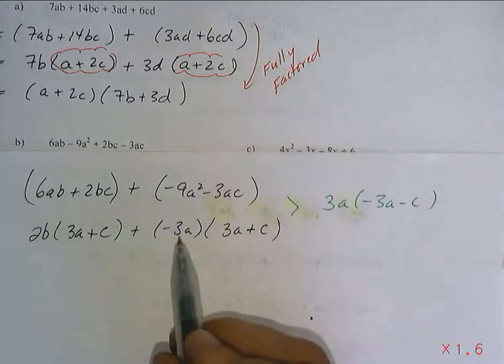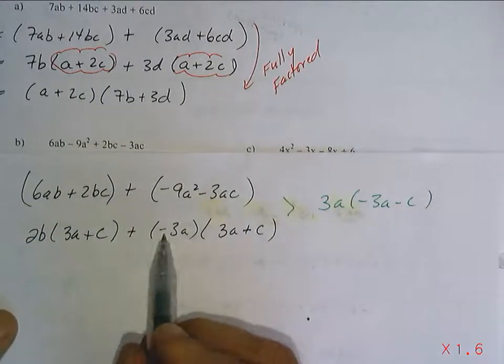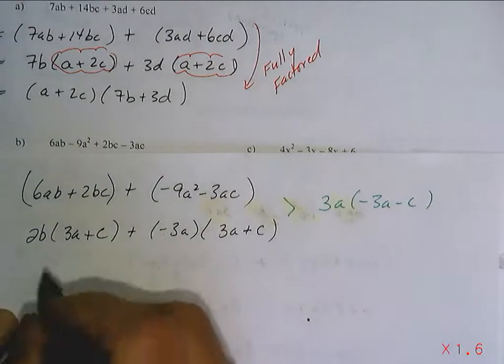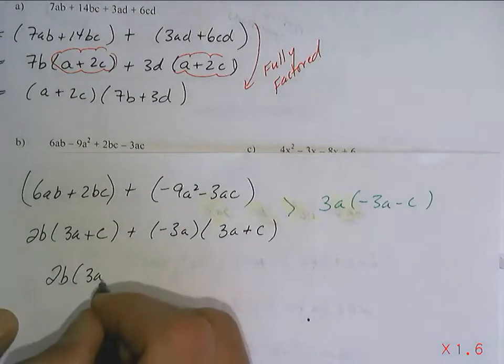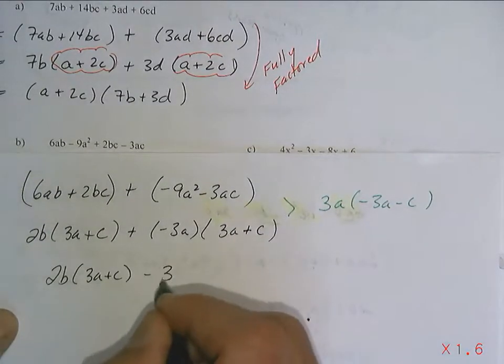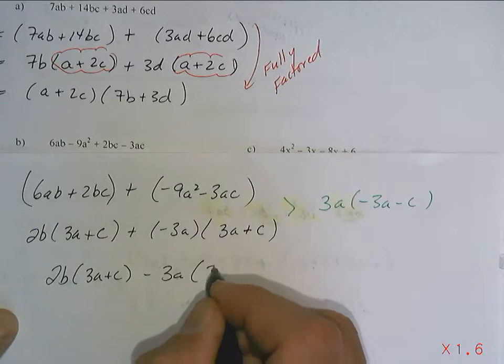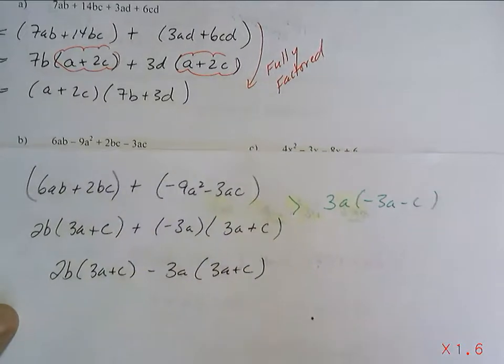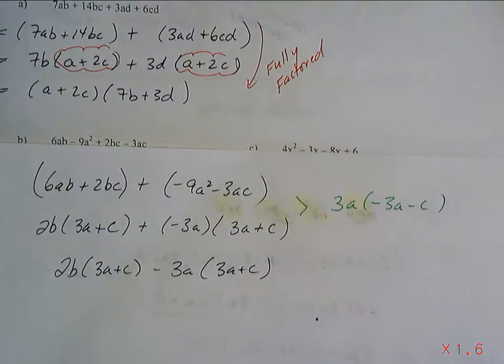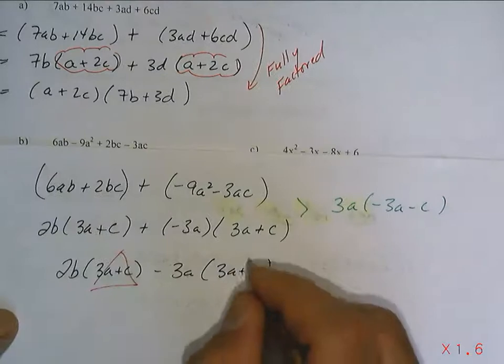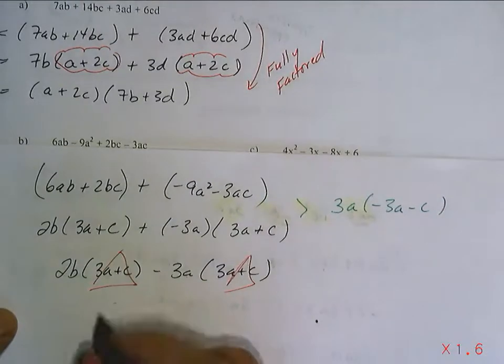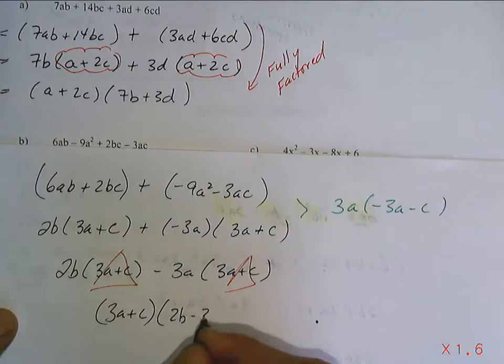So I'm going to do it in one step. Now a positive and a negative, they go together to give a negative. So it's going to be 2b, 3a plus c, minus 3a, sorry, 3a plus c. Do you see what I see? This guy and this guy are the same now, which is going to be 3a plus c, 2b minus 3a.